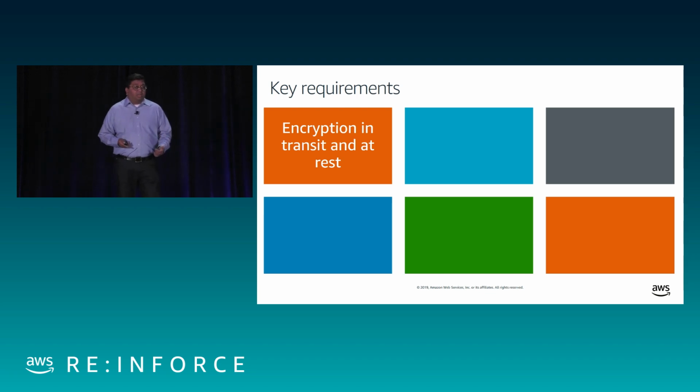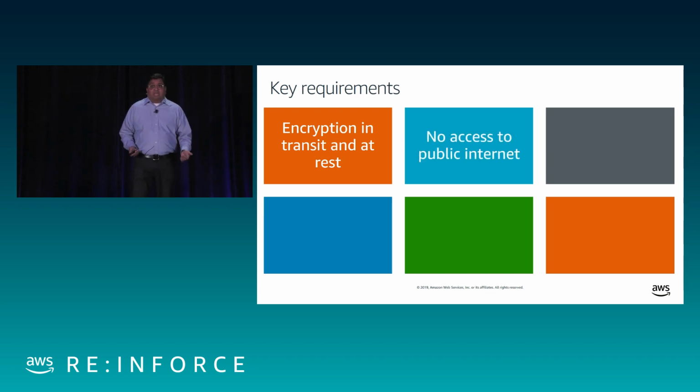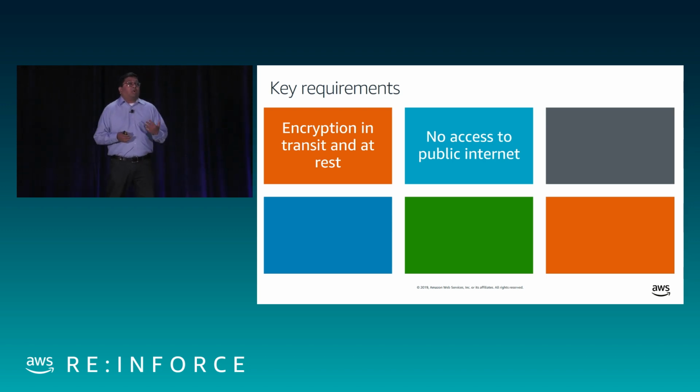That was a requirement. Next requirement was, we don't want data scientists to access the public internet and download algorithms that have not thoroughly gone through a governance process at Vanguard. So we wanted to block access to the general internet when they are using SageMaker as a machine learning service.